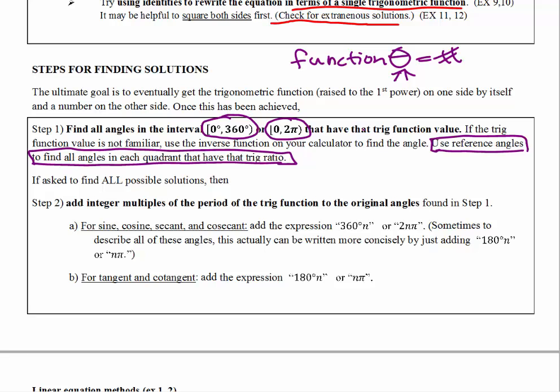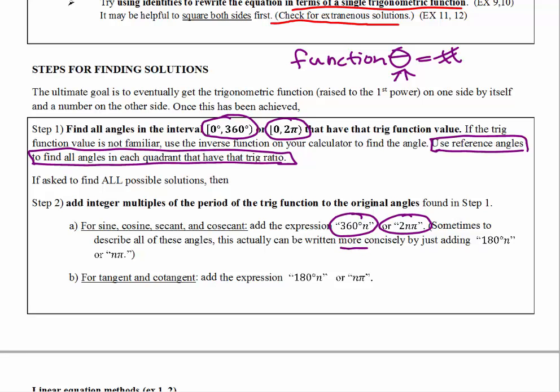If we are asked to find all possible solutions, that means we're looking for all coterminal solutions to the angles that we find on the unit circle, then we are going to add 360, which means all integer multiples of 360, or integer multiples of 2 pi, depending upon if we're working in degrees or radians.